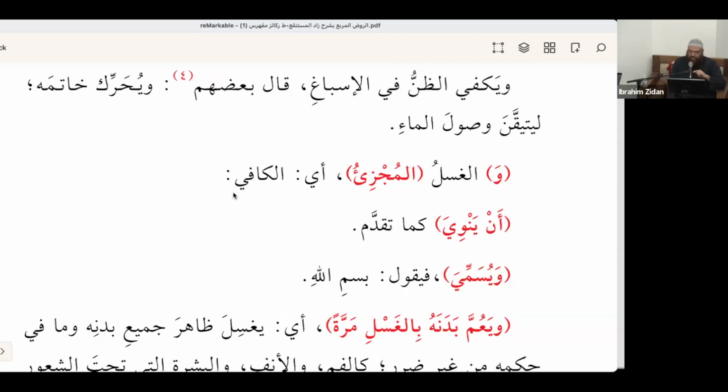Meaning that, as mentioned before, also al-maghaben, the things that are hidden, من غير ضرر, without harm, to make sure that they are also washed, كالفم والأنف, like the mouth and the nose, والبشرة التي تحت الشعور, the skin under the hair, whether it's on the head or the beard, ولو كثيفة, even if the hair is thick. وباطن الشعر, and the bottom of the sha'r, or the other side of the sha'r. If someone's hair is combed in one way and is sticking very tightly to his head, the bottom is the inside part of the hair.